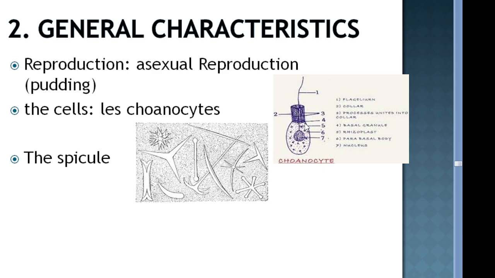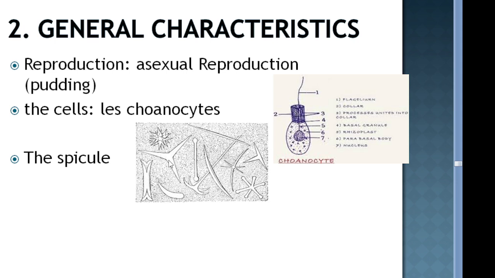The sponge is a very simple animal, and to maintain its shape, it uses these formations, which are called spicules, and there are several types of spicules.